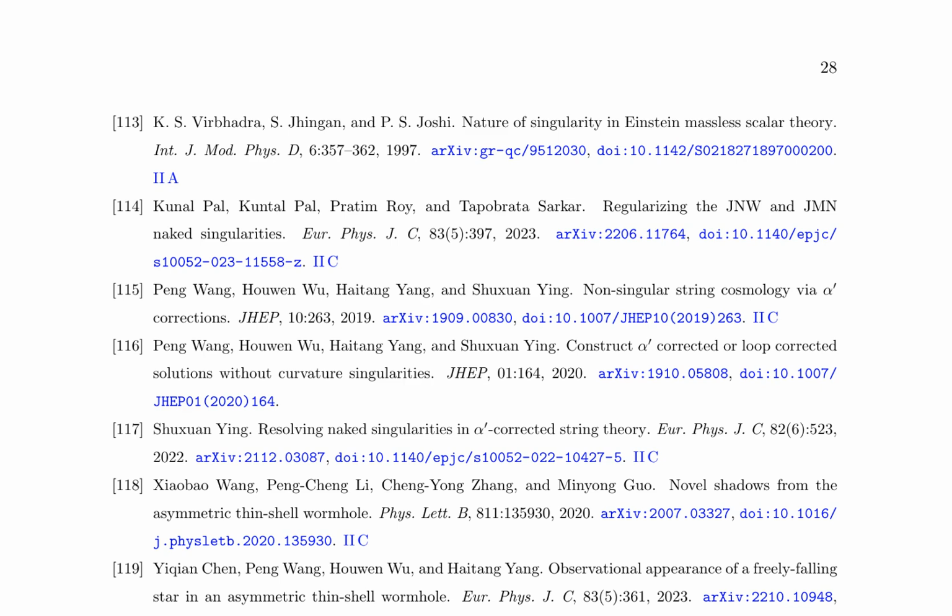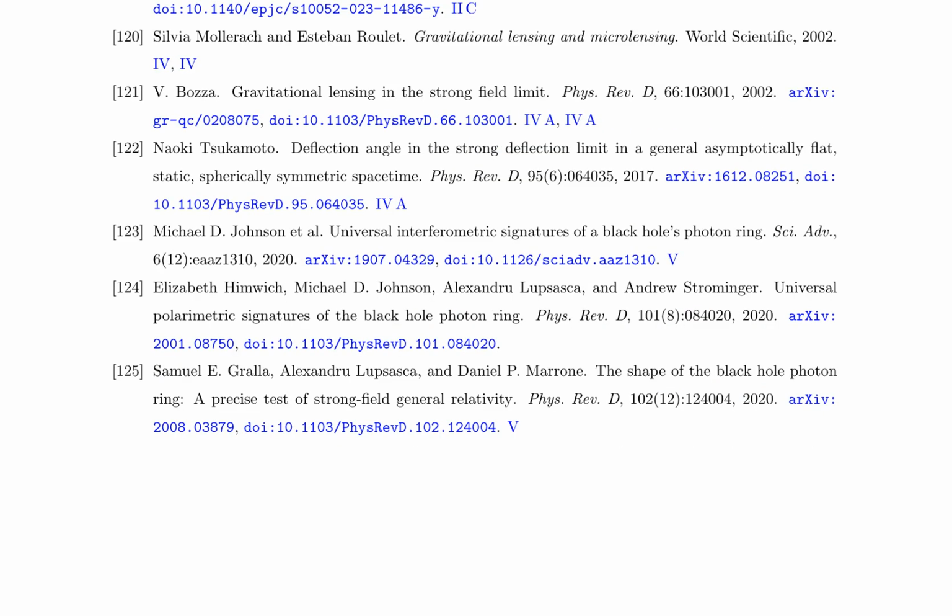Another investigation explored the connection between black hole photon rings and naked singularities, which are hypothetical entities thought to exist in certain spacetime geometries. Researchers discovered that the presence of a naked singularity can significantly alter the photon ring structure, leading to the formation of additional rings or even the disappearance of the primary ring. A separate study utilized the Raychaudhuri equation to examine the behavior of null geodesics in the vicinity of a naked singularity.